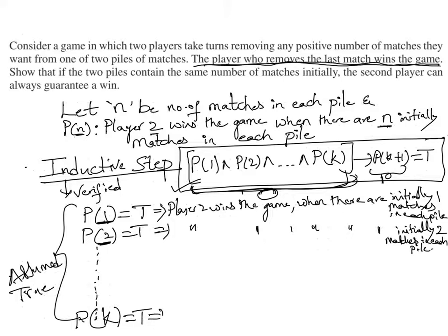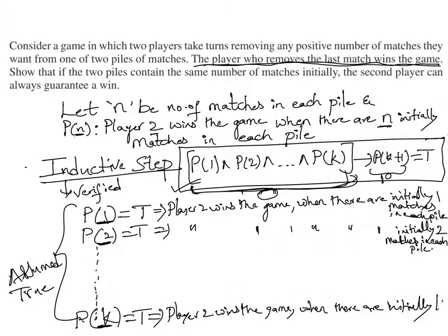Now for k, player 2 wins the game when there are initially how many matches? K matches in each pile. So all these things are assumed true.